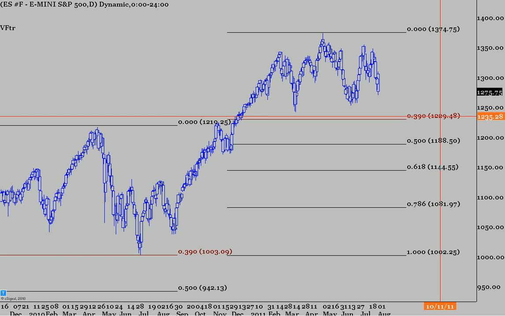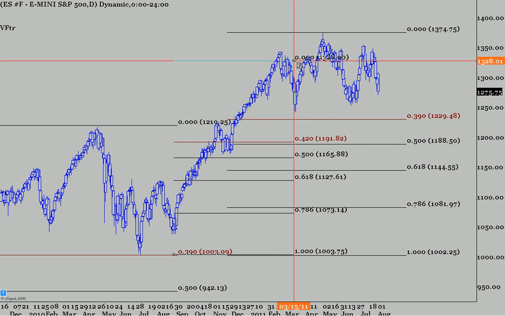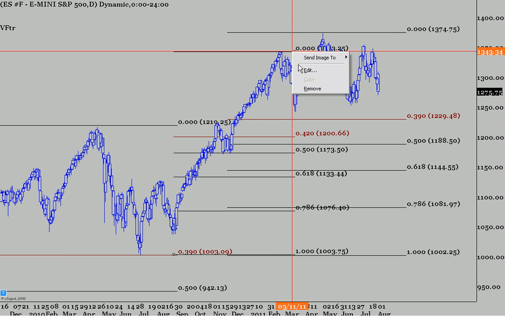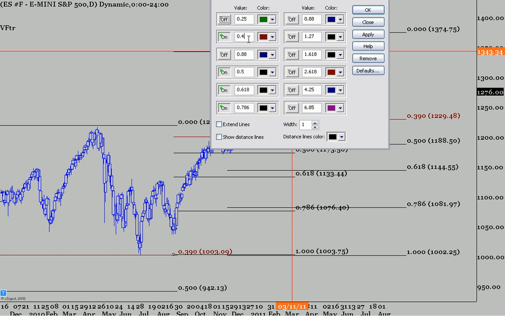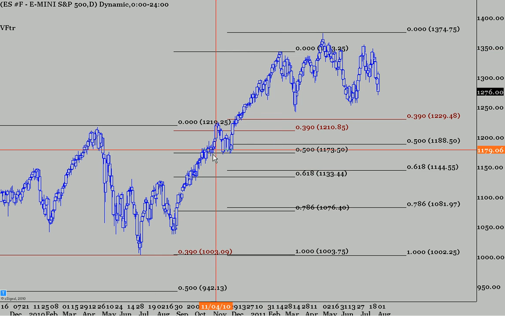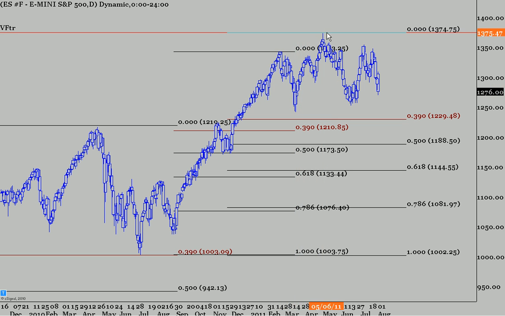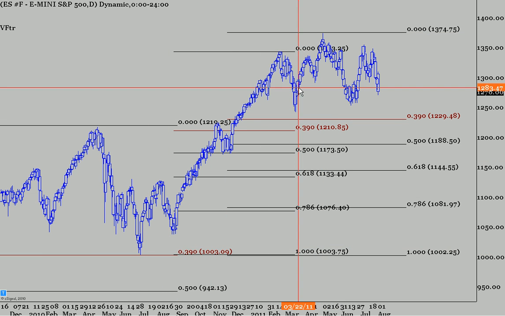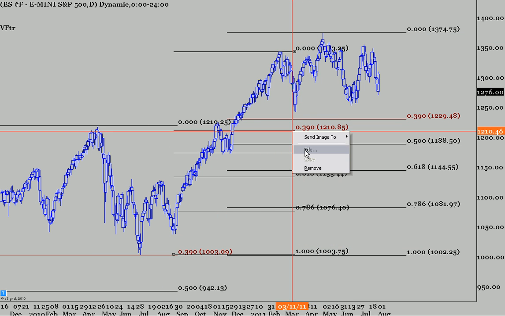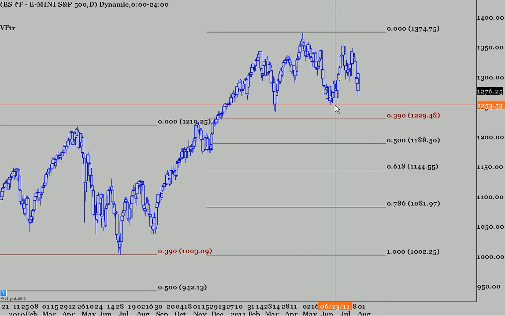Now we could go from this high to this high, and let's change this to 39. From this first leg, this did not come down to support, so it makes a new high. It's all one leg.